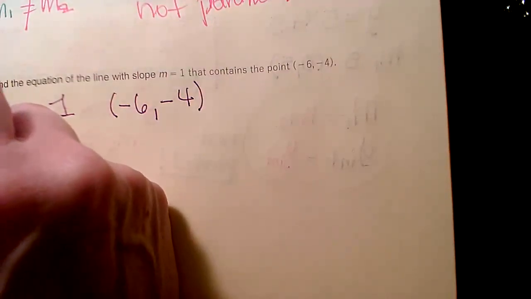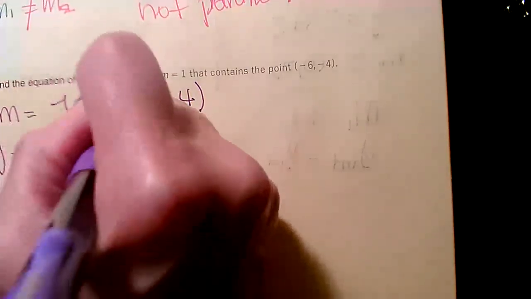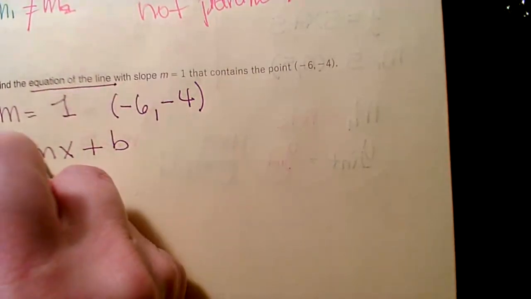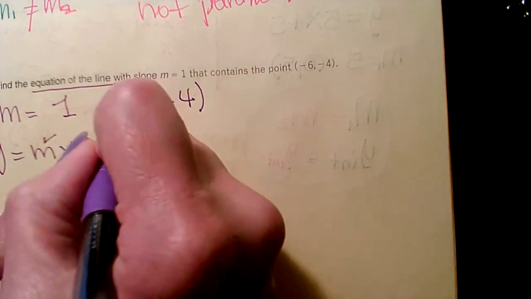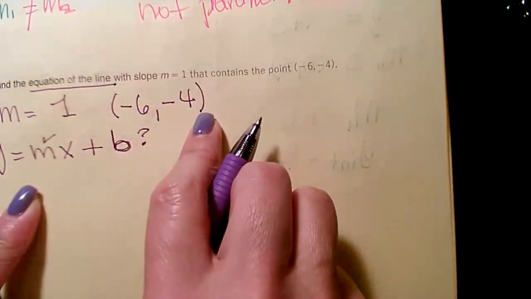Now to write the slope-intercept form, the equation of the line, I need the slope, which I do have, but I don't have the y-intercept.